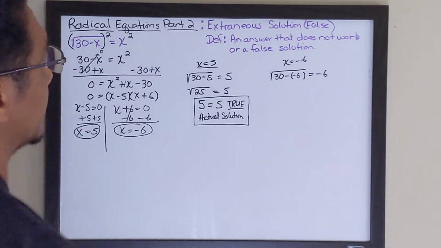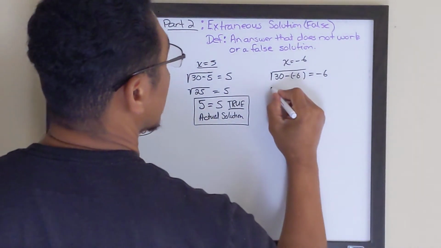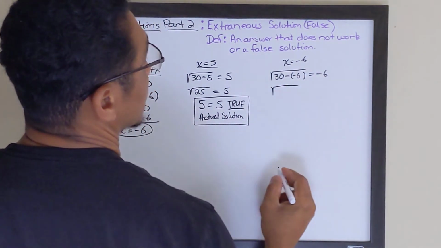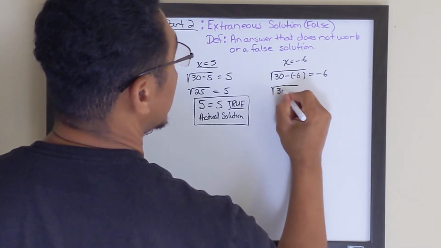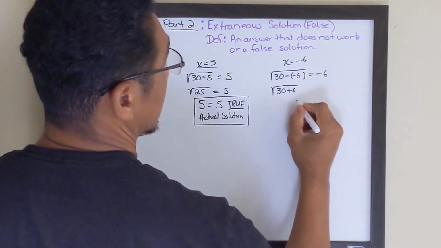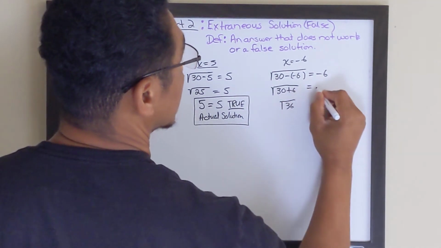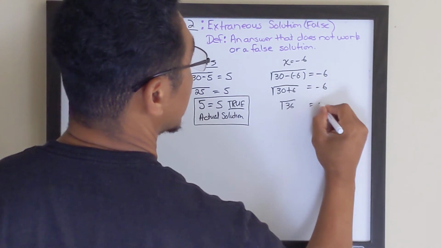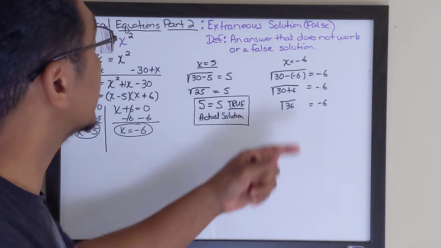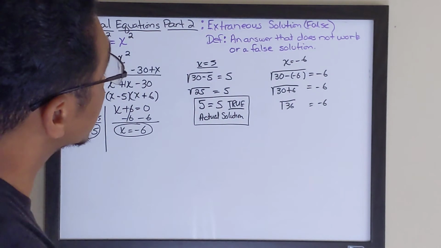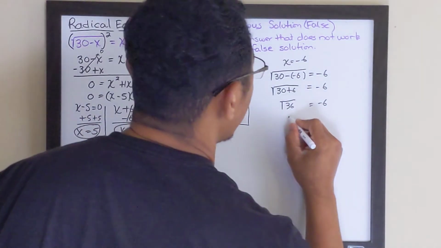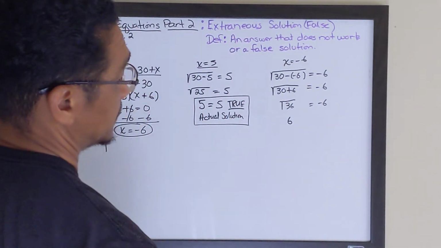Let's see what happens here. 30 minus a negative 6 under the radical becomes 30 plus 6, the square root of 36, correct? On this side, this doesn't change, it's still a negative 6. What's the square root of 36? The square root of 36 is actually 6.